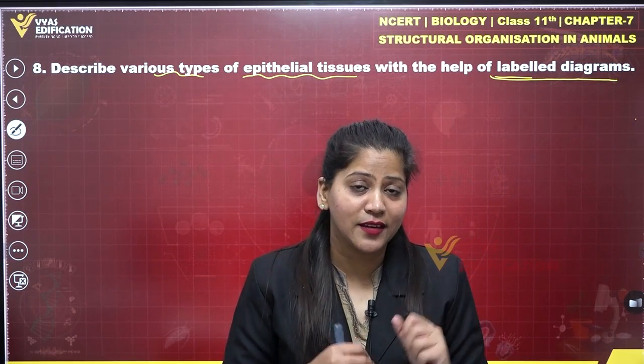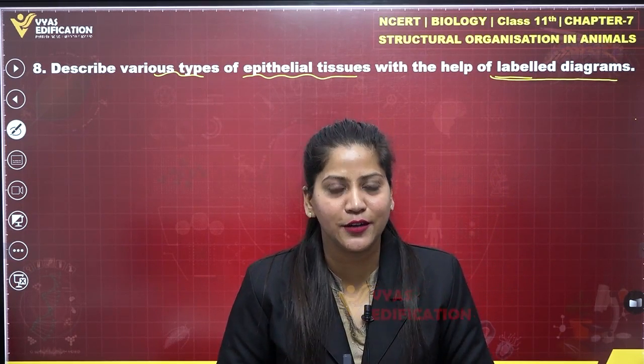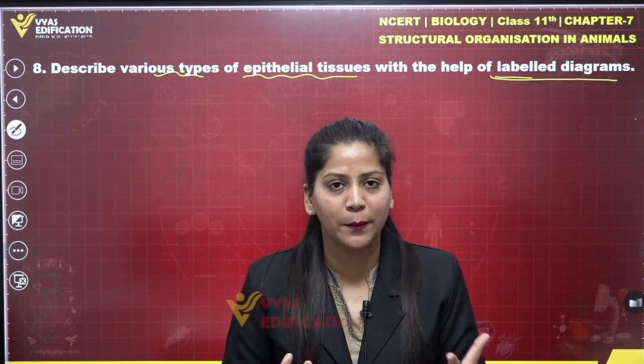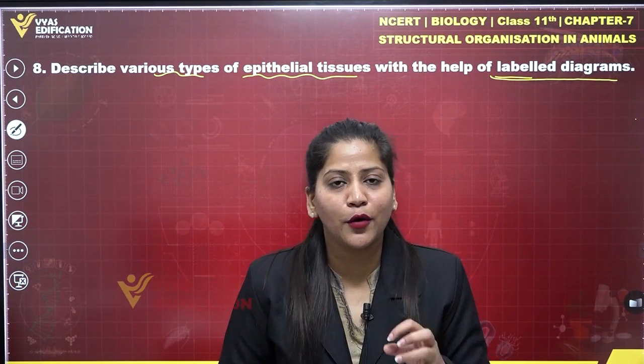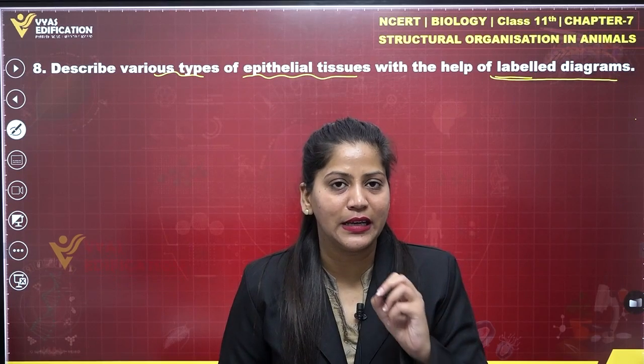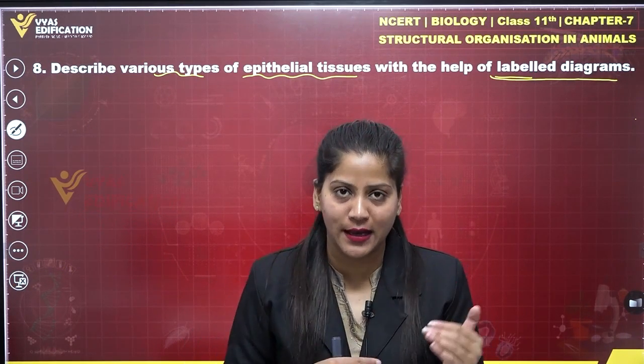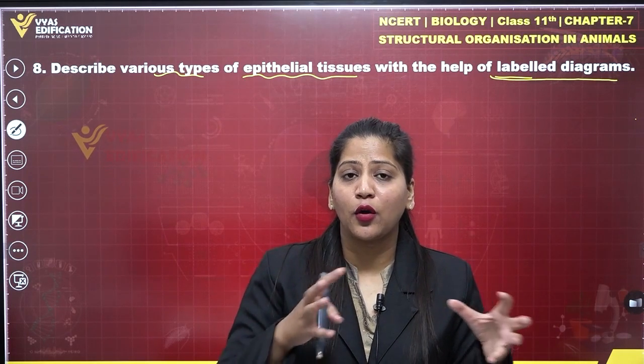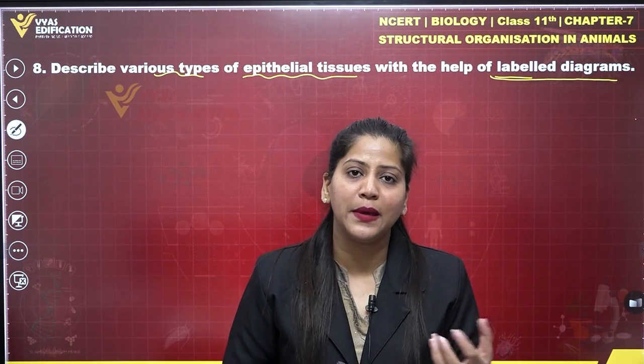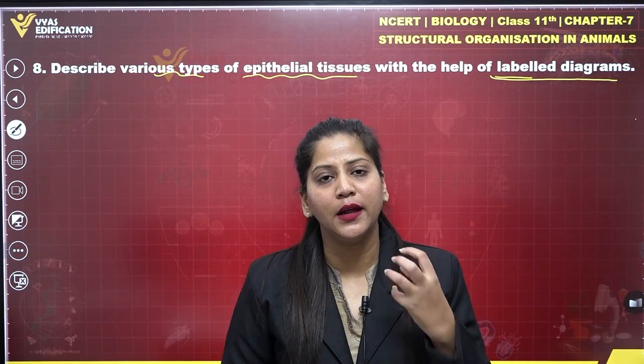Another type of epithelial tissue is compound epithelium, which is made up of many layers of cells, right? That is why we are calling it compound epithelium or compound epithelial tissue.